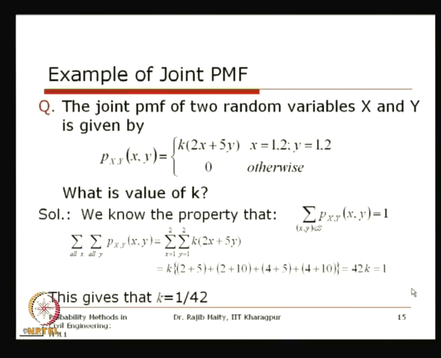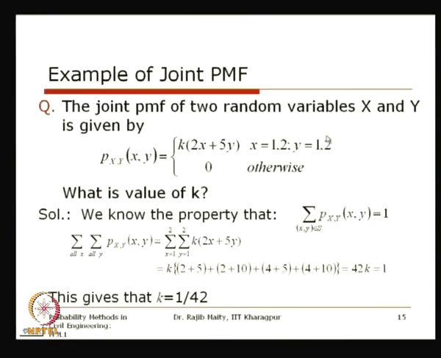Using those properties, we can quickly see one problem. The joint PMF of two random variables X and Y is given by P_XY = k(2x + 5y), where x equals 1, 2 and y equals 1, 2. That means x and y can take the values only 1 and 2.